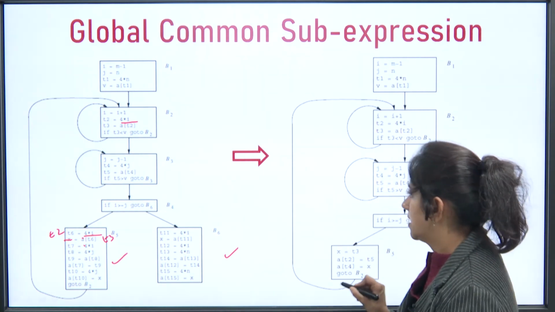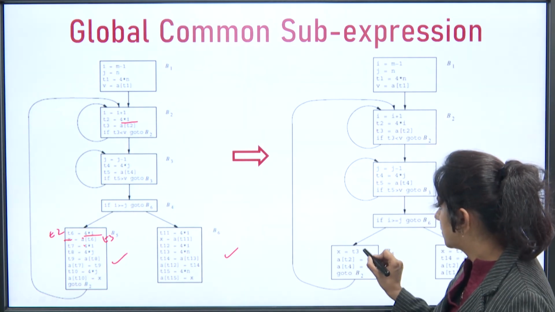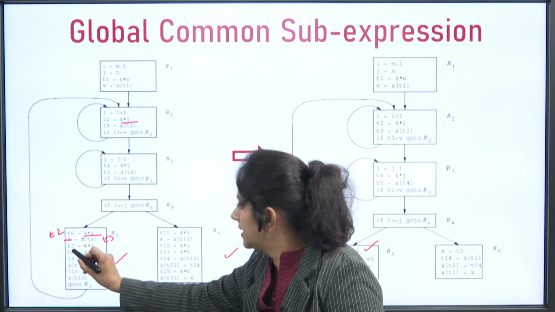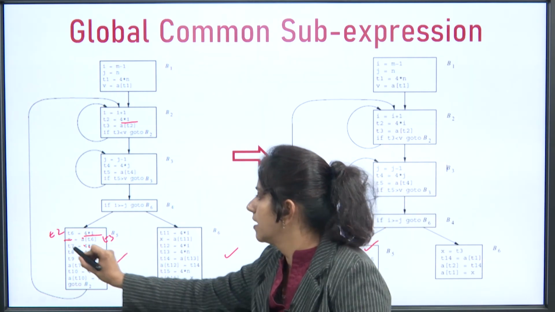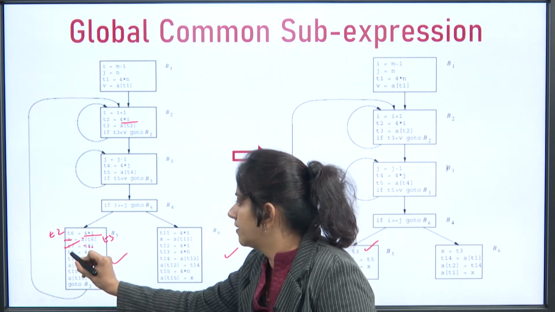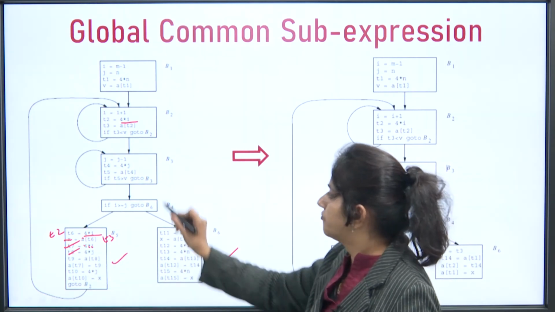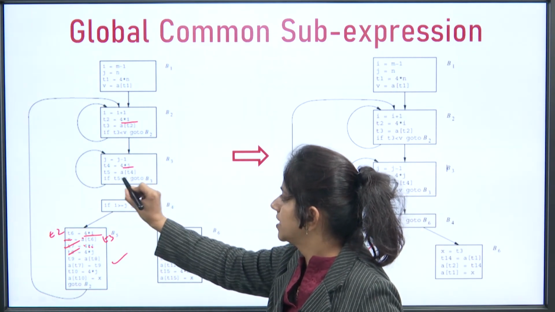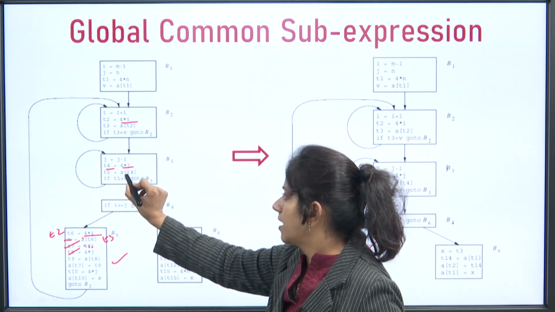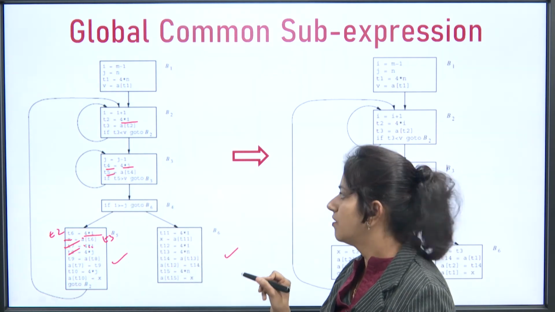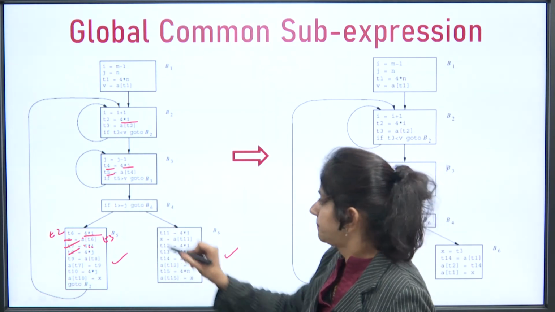So what we are doing here, we will directly write x is equal to T3 and we can eliminate this computation. Similarly, T7 is 4 into I, we can eliminate it. T8 is equal to 4 into j. Now, look at here, 4 into j, this one is T4, and A at T4 will give us T5.